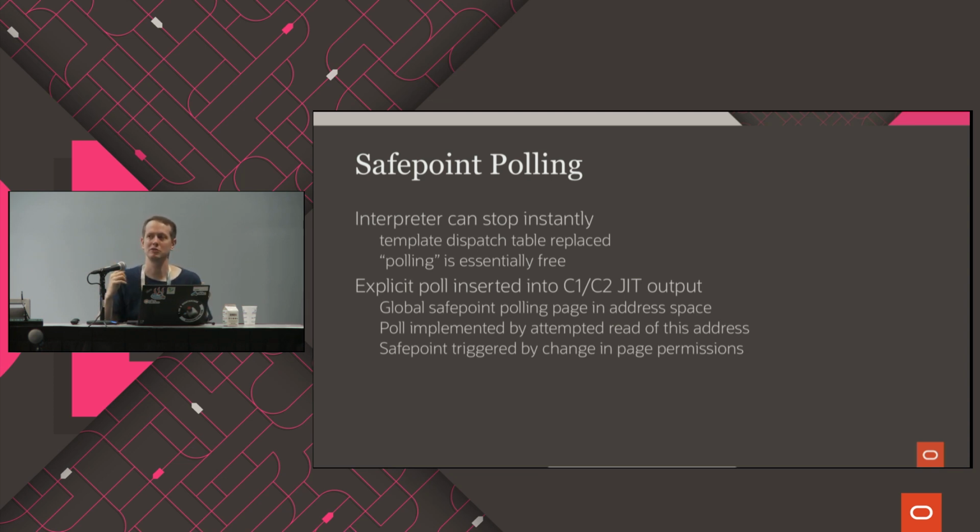Every implementation for each bytecode instruction has at the tail end of it a lookup of the next bytecode, and it pulls the address it should jump to out of a jump table. So if we want to stop the interpreter, we just replace that jump table with another table whose addresses all point to code that shuts the thread down and stops it.